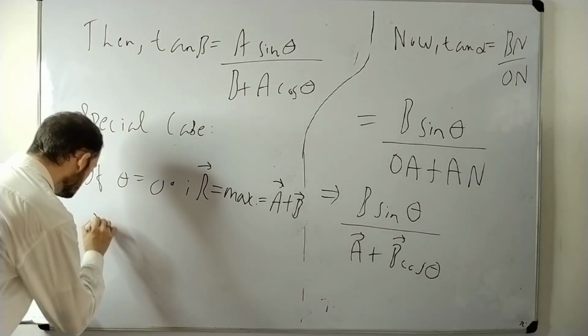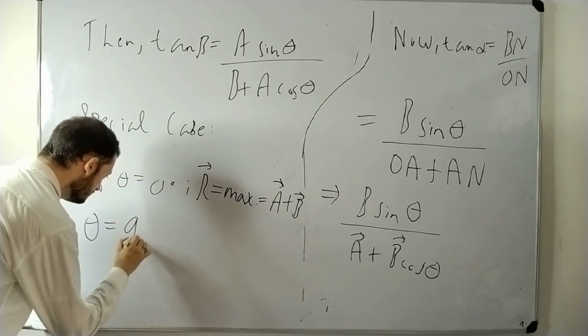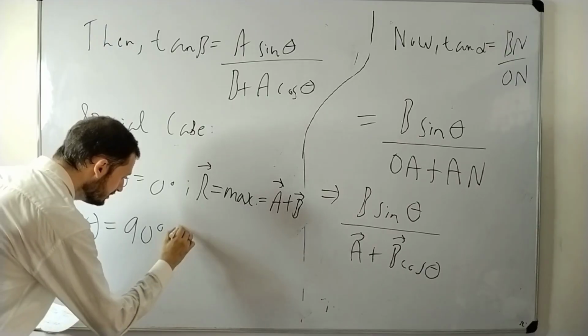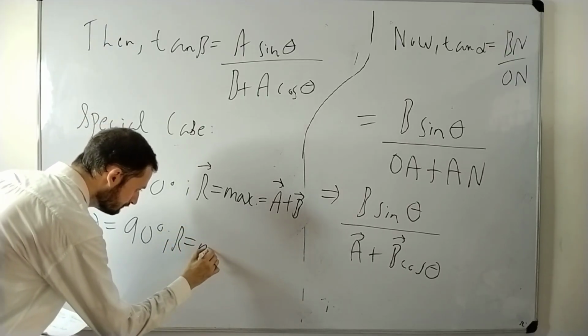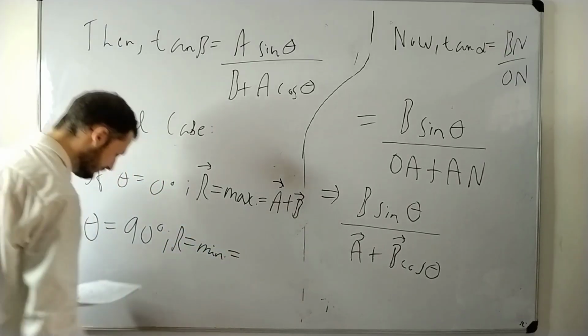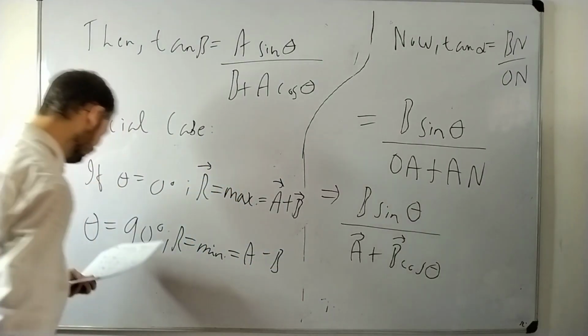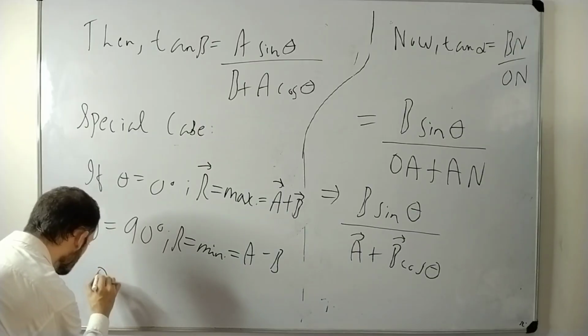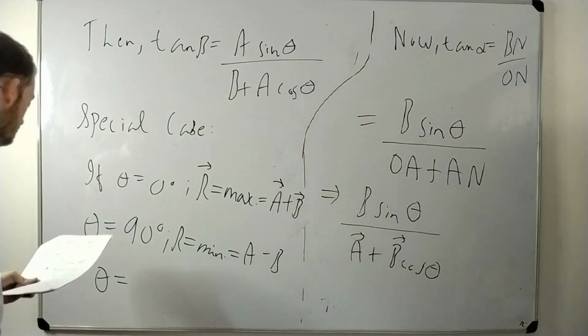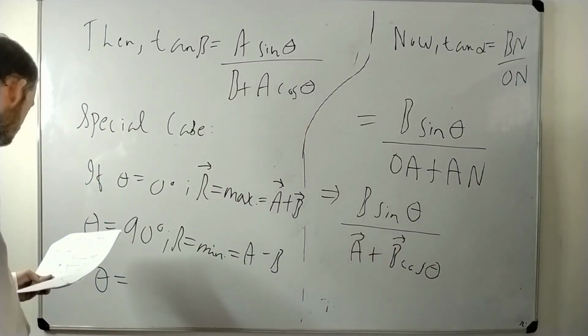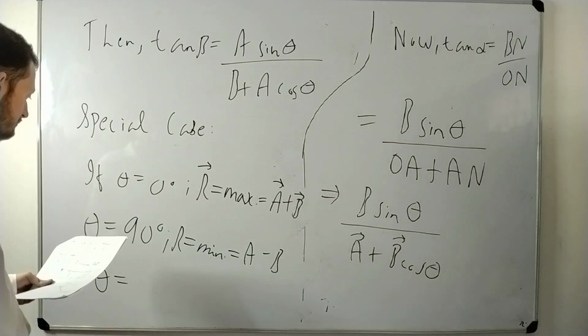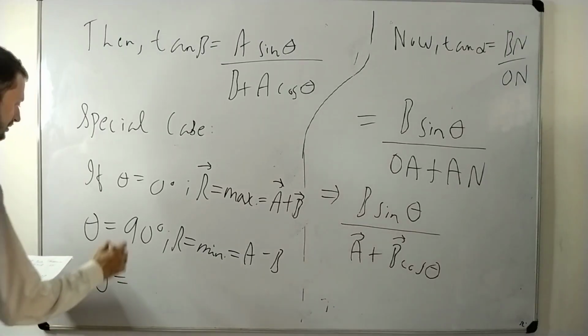If theta is 180 degree, then R is the minimum, and this is taken to be A minus B. Sir, mistake.